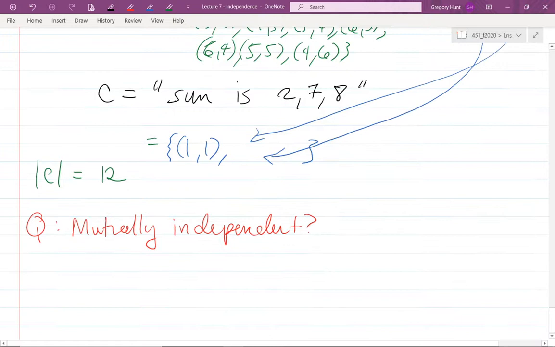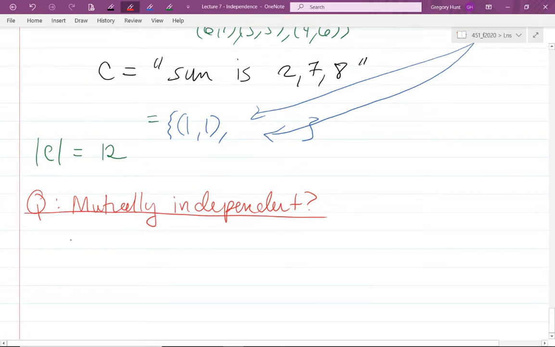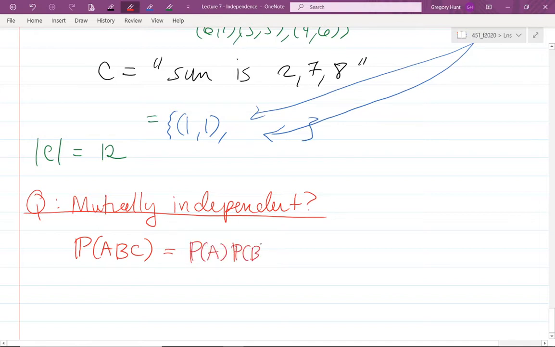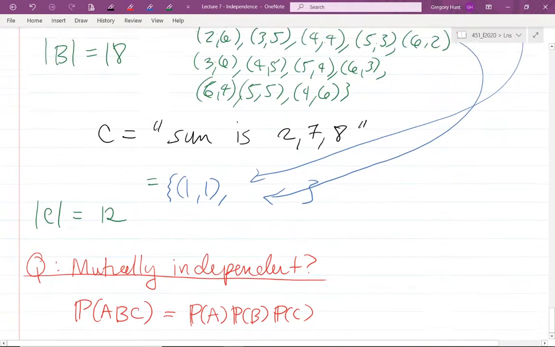To check they're mutually independent, I have to show for all possible subsequences that my multiplication rule holds. So for example, if I look at the probability of A intersect B intersect C, that better be the probability of A times the probability of B times the probability of C. That's one subsequence I have to check. Well, is it true for that? Let's check.